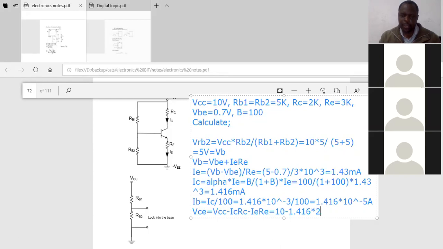Because one is times 10 to the power negative 3 and the other is times 10 to the power 3, they cancel out.